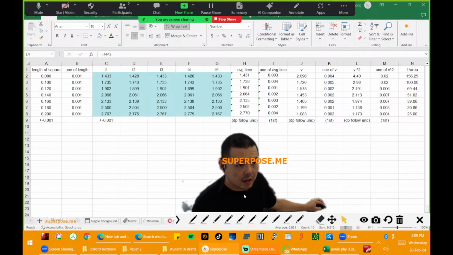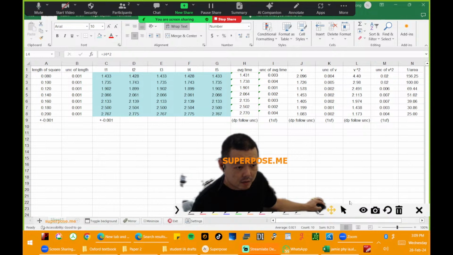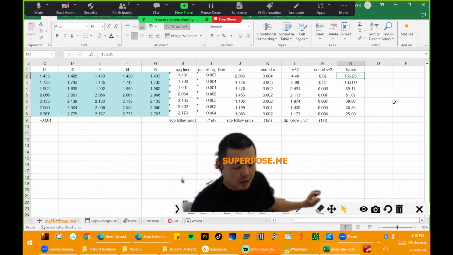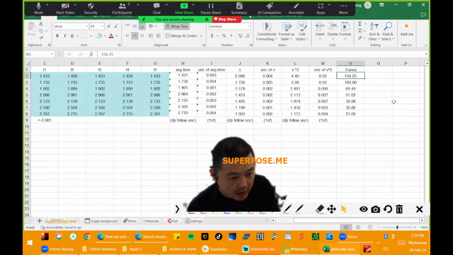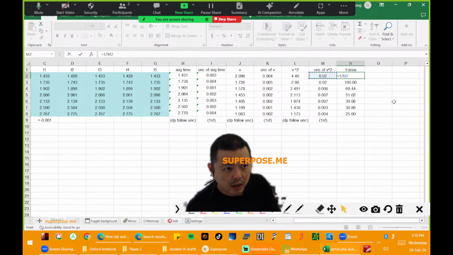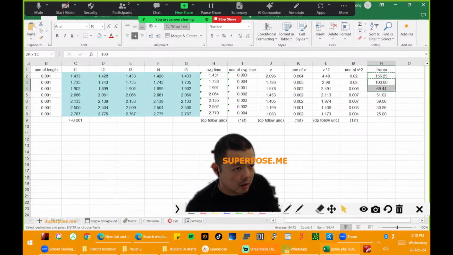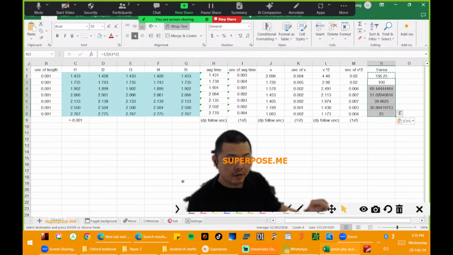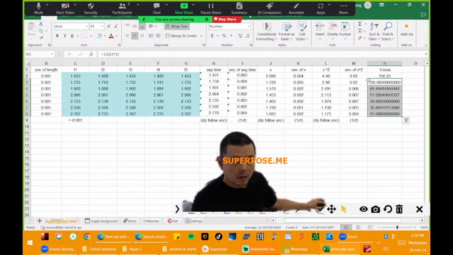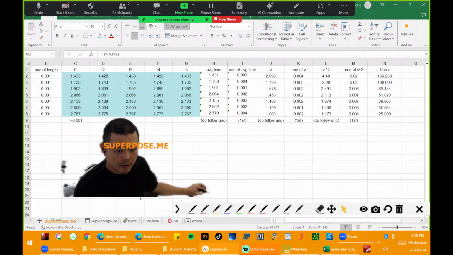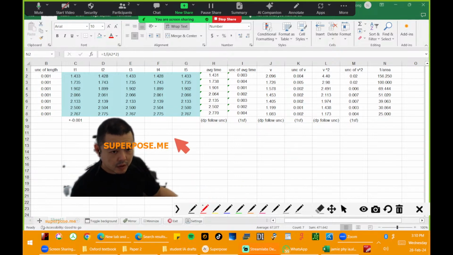You see this? Okay, so that's v squared. Hang on, let me move this around. Area is the square, so it equals 1 over the length squared. I know it's the same, but I need to be very careful with the dps now.